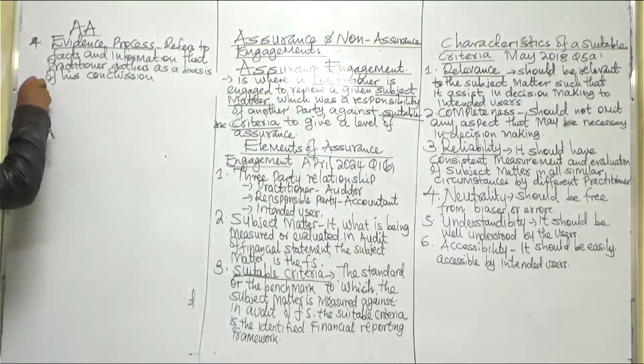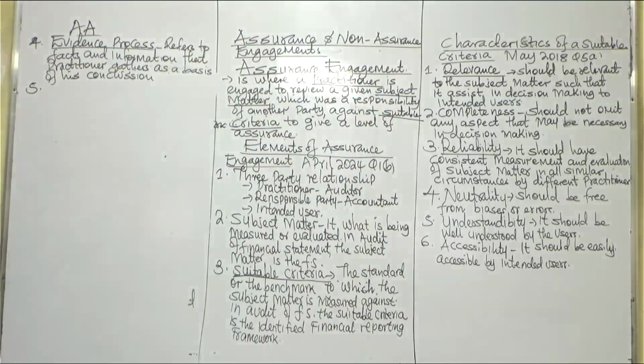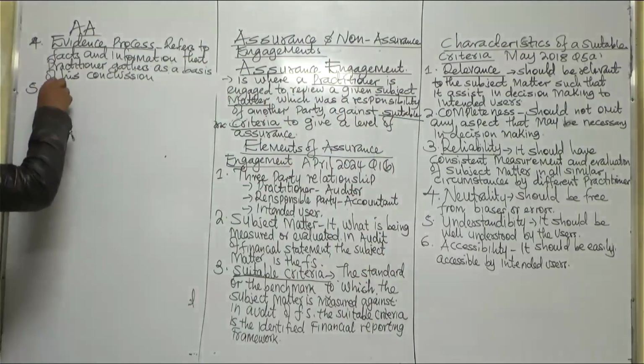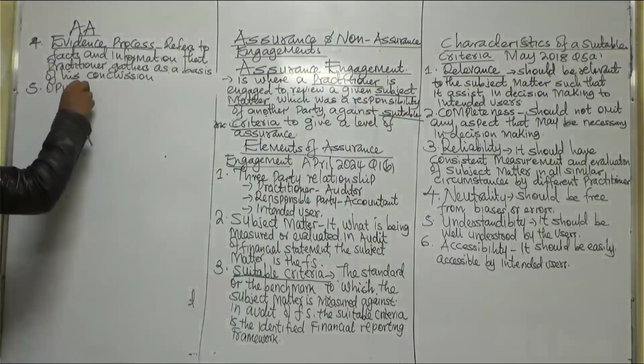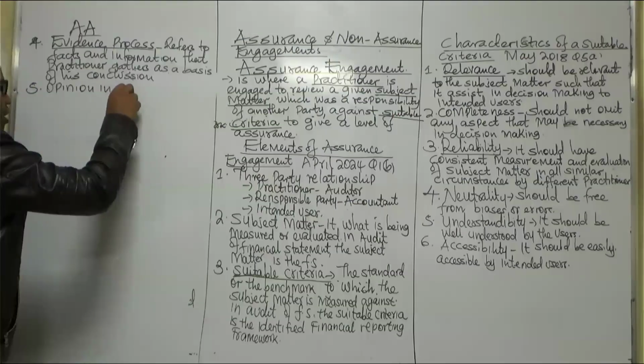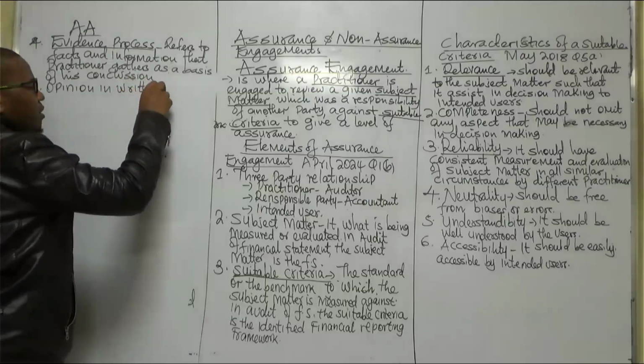Number 5, the last one, is what we call the opinion in written assurance report.